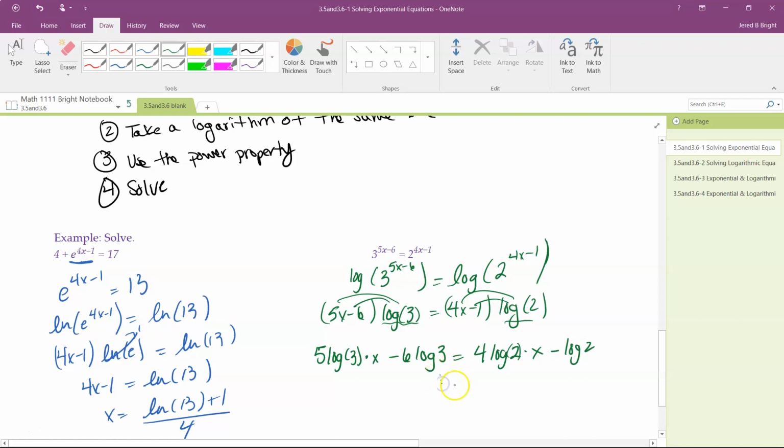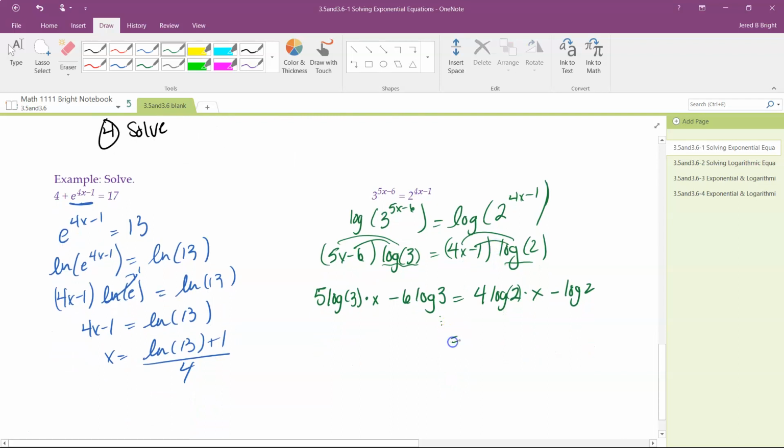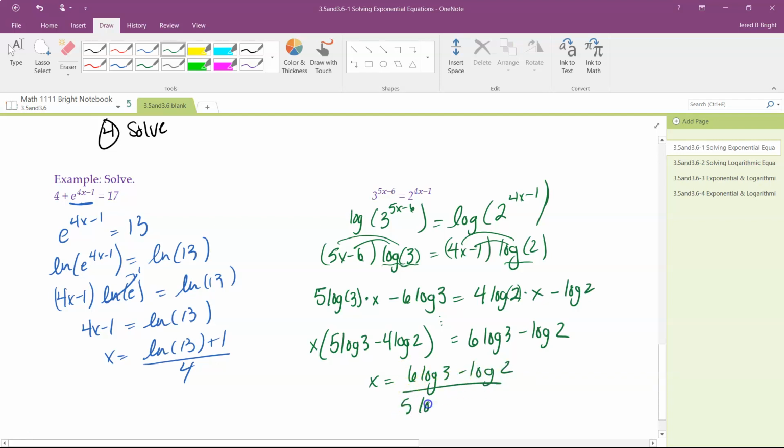Now I need to collect all the things with x's and all the non-x's, and I'm going to skip a little bit of work here. I encourage you to fill in the dots. If I get the x's on the same side, I would be able to factor out the x's, and I'd have 5 log 3 minus 4 log 2 after I factor it out, and then on the other side I'd have 6 log 3 minus log 2, and then solving finally we get x is equal to 6 log 3 minus log 2 all over 5 log 3 minus 4 log 2.